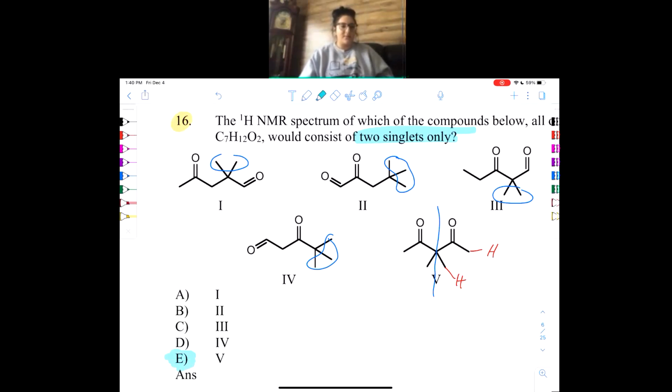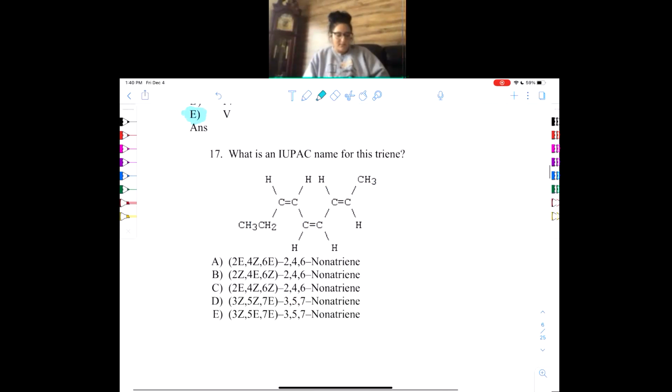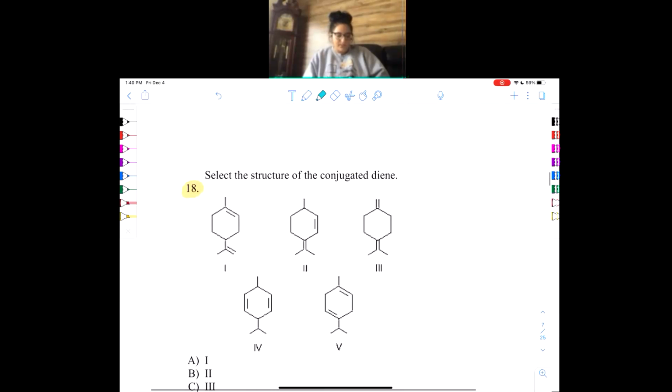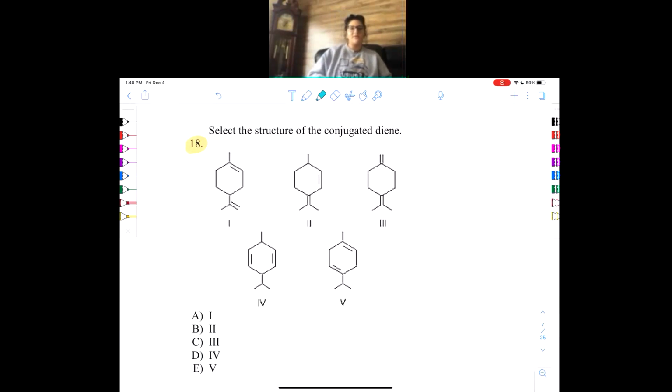I hope you guys are as well. Cool. Okay. All right, this one should be real quick. Which of these is conjugated? B, exactly, because remember, conjugation means 2 double bonds separated with a single bond in the middle.